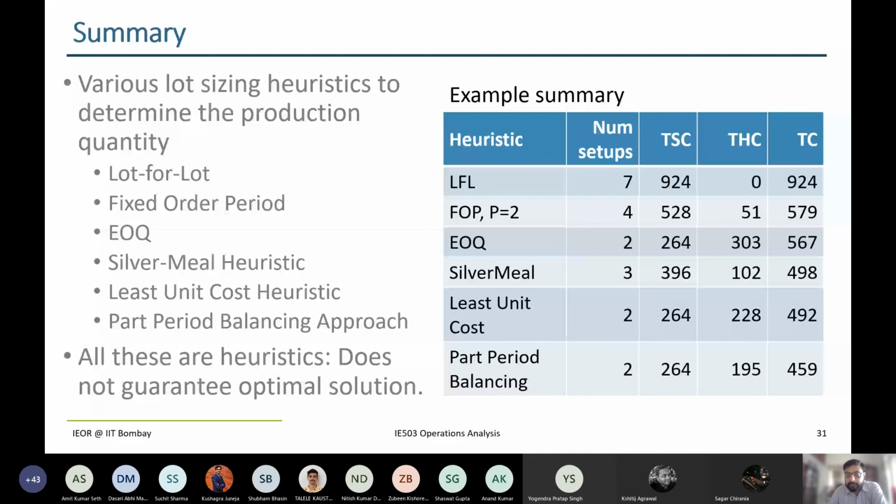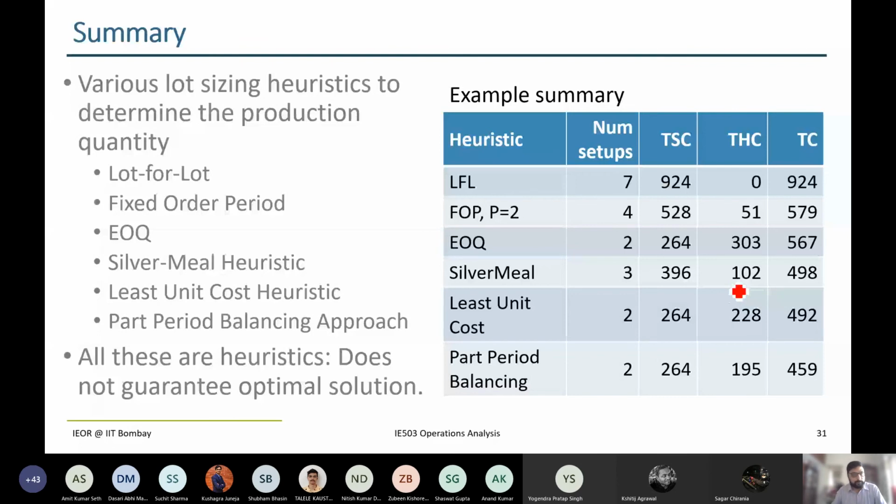In this case, the part period balancing turned out to be the best one. It's not always so. It is just sheer chance. Silver meal can be better. Least unit cost can also be better than this, depending on the scenario. So all these are heuristics, which do not guarantee the optimal solution.